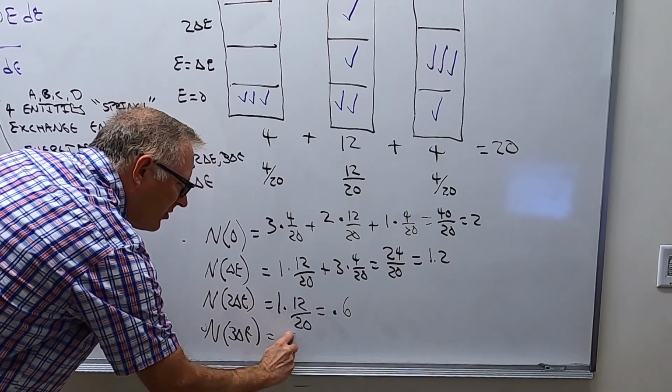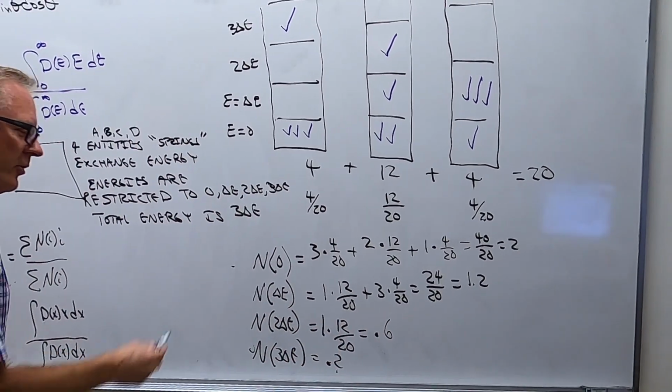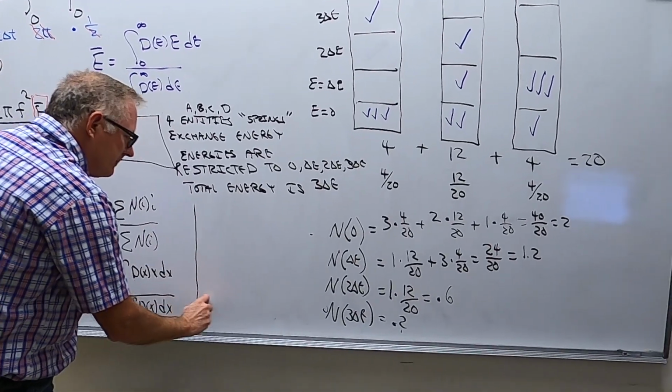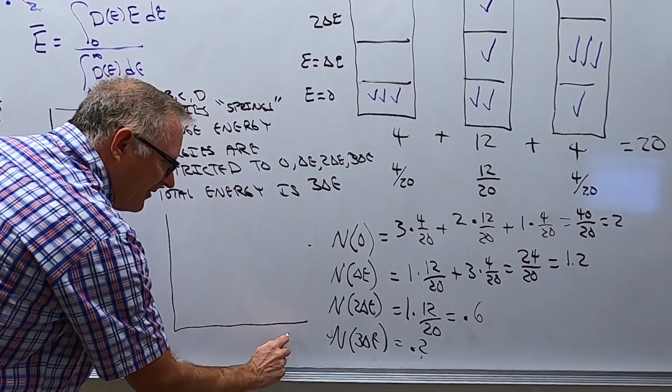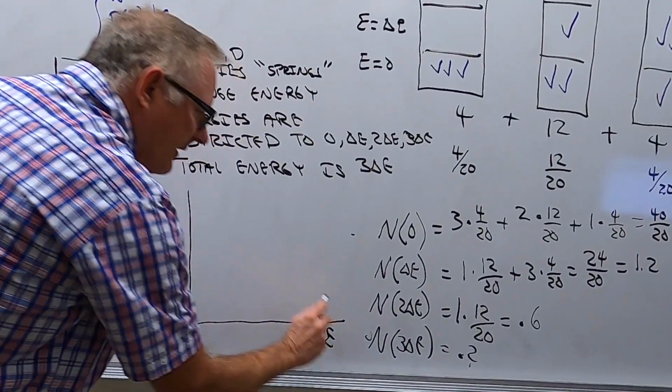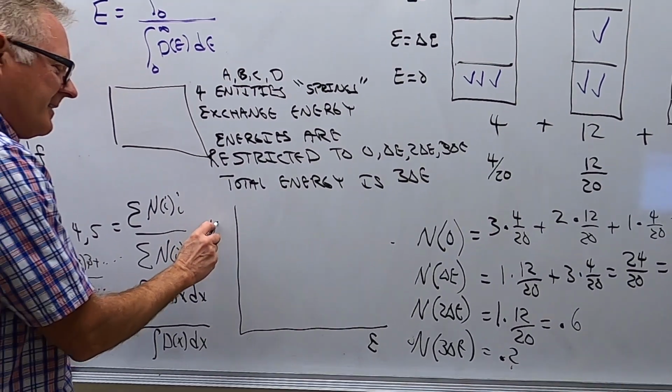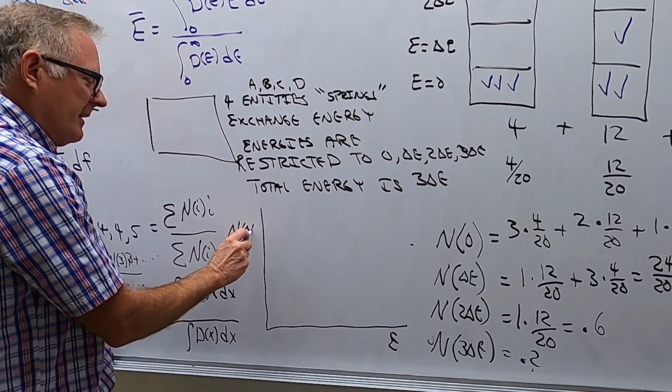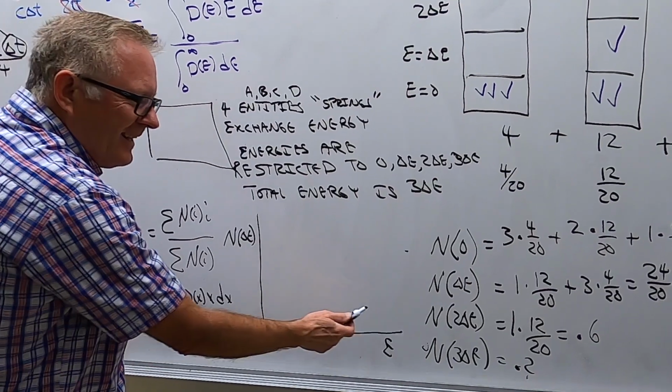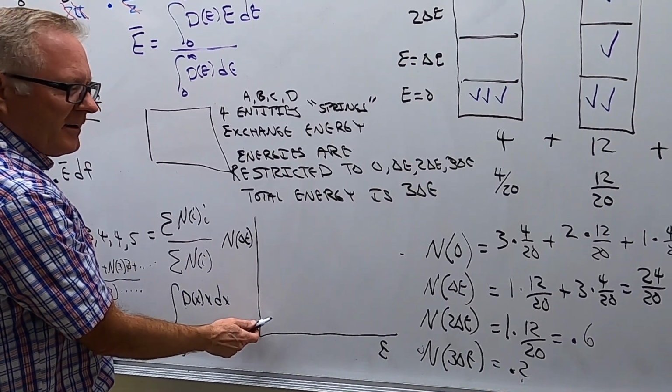which is 0.2. So if you were to plot this out, this is the energy right here, energy. This is what I expect to get the distribution of it, delta E. You notice when E was 0, when you're way over here, it was 2.